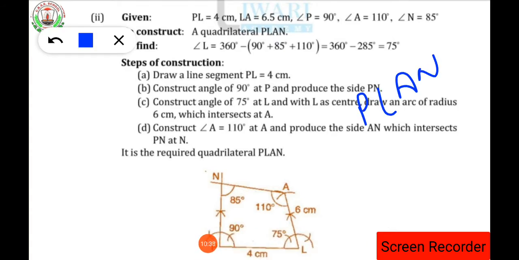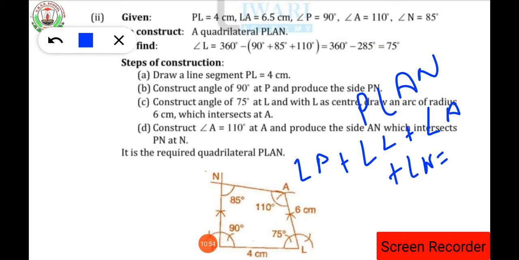So in place of angle A it will come P, in place of angle B it will become L, in place of angle C angle A will come, then in place of angle D angle N will come. We are just replacing the name of the quadrilateral, because in this question the quadrilateral name is given as PLAN, not ABCD.